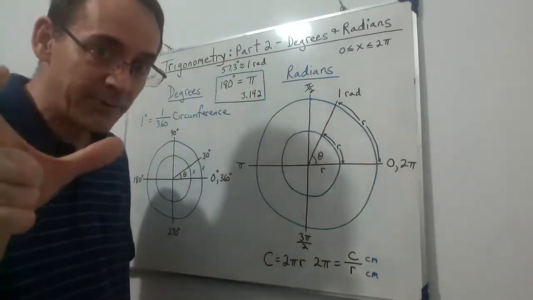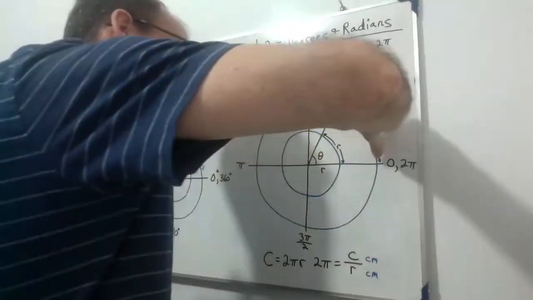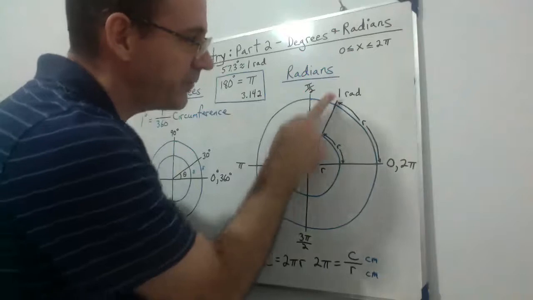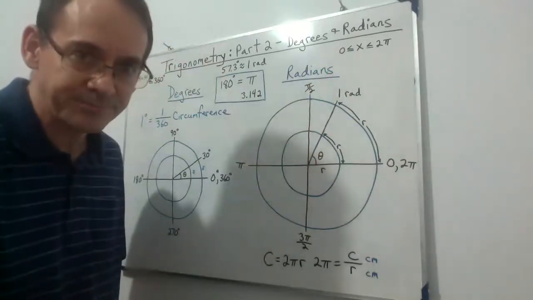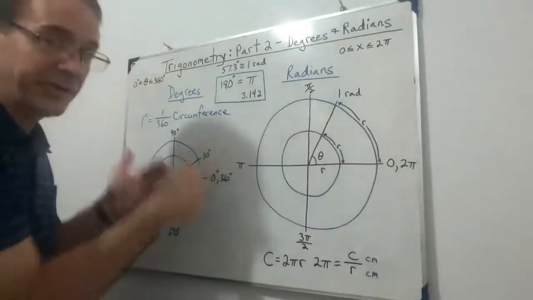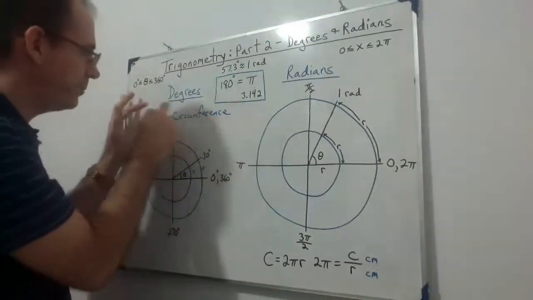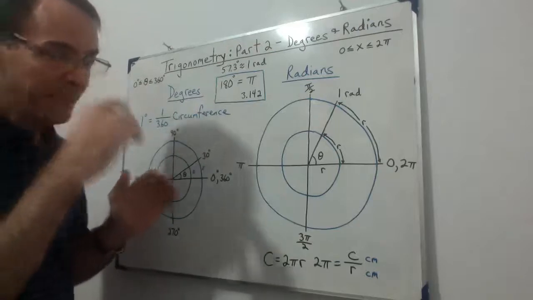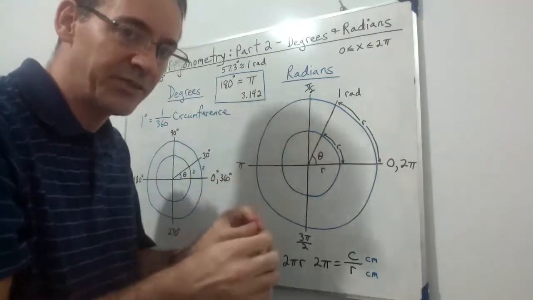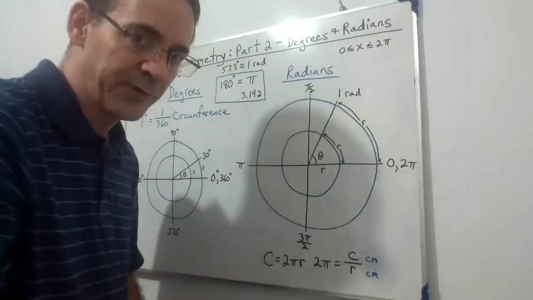If you take that radius length and put it on the circle, you end up here. And notice it's still facing the same direction. So instead of calling this direction by degrees, the number of pieces out of 360, this is in radians, or in other words, radius lengths along the circumference.